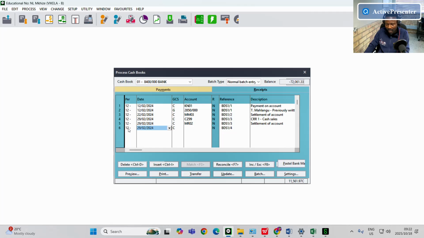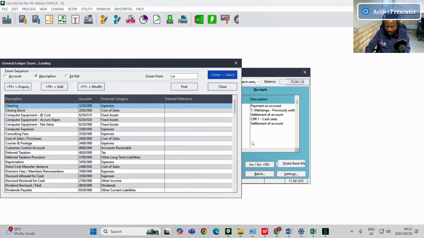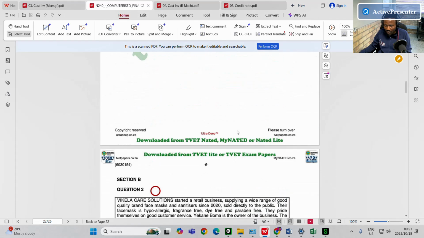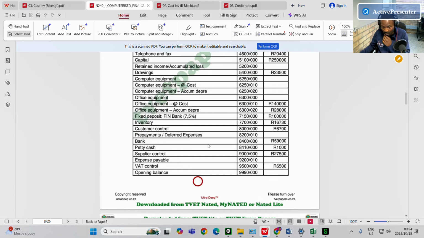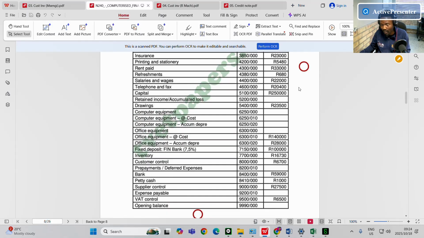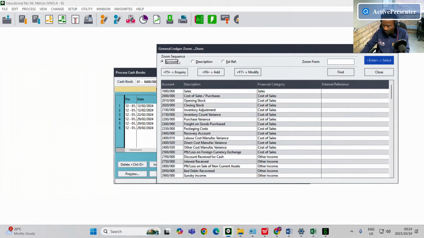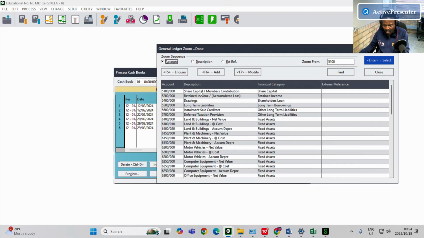Right, so it's the 29th. I have to record the amount for capital contribution. So it's capital. Doesn't look like we have one. So let me go check on the account structure. Do we have capital? Yes, we do. It's 5,100. All right, let me use the account 5,100, or it is share capital.